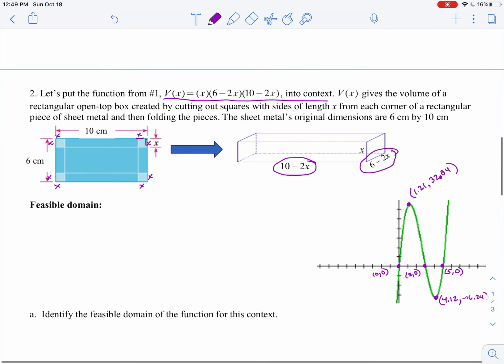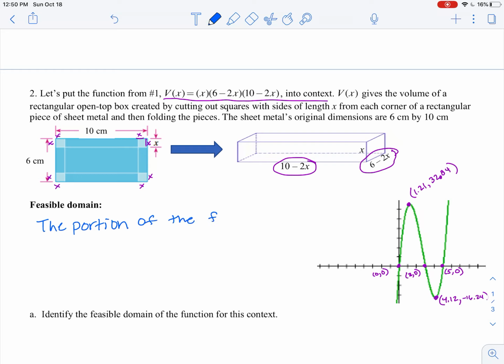So what we're going to think about right now is feasible domain. Feasible domain is going to be a portion of your regular domain.